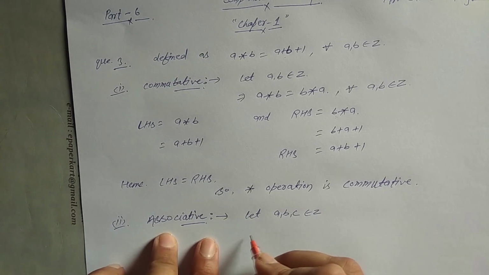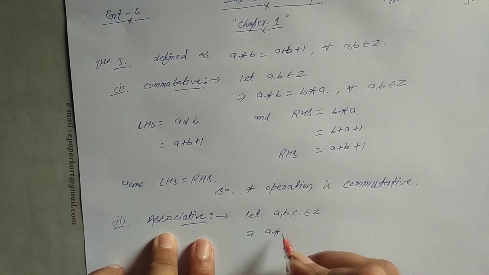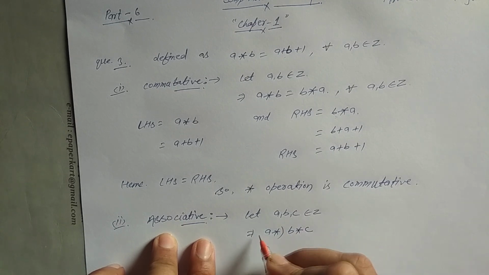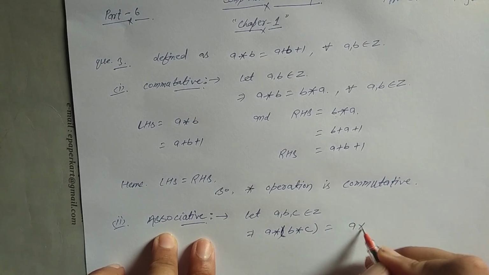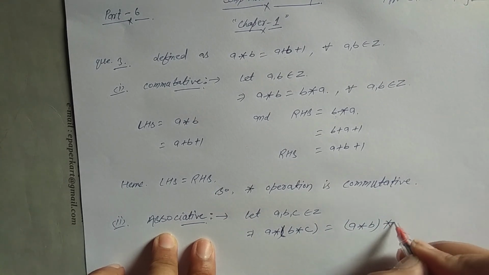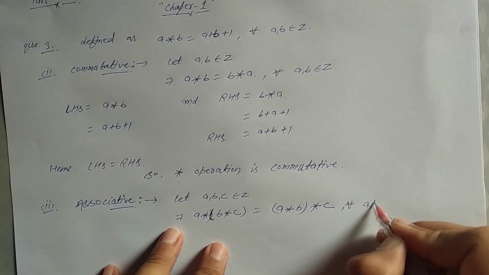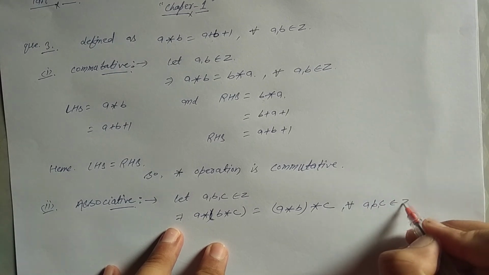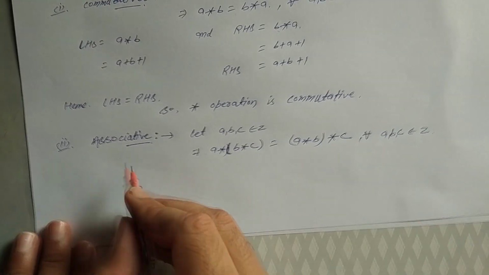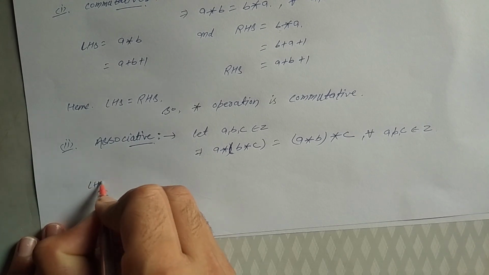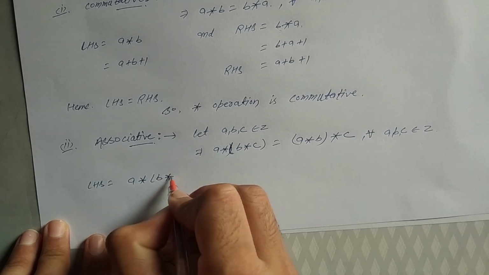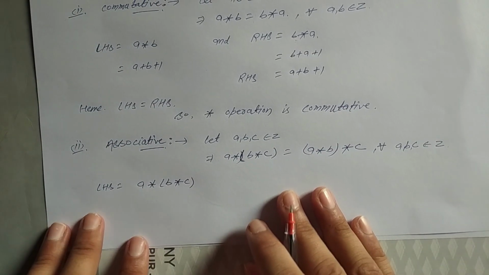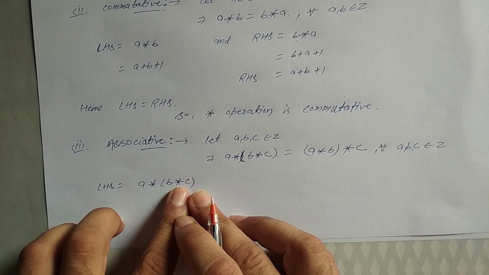Definition of associative implies A star B star C is equal to A star B star C for all A, B, C belongs to Z. Left side is equal to A star B star C. Solve the bracket B star C.